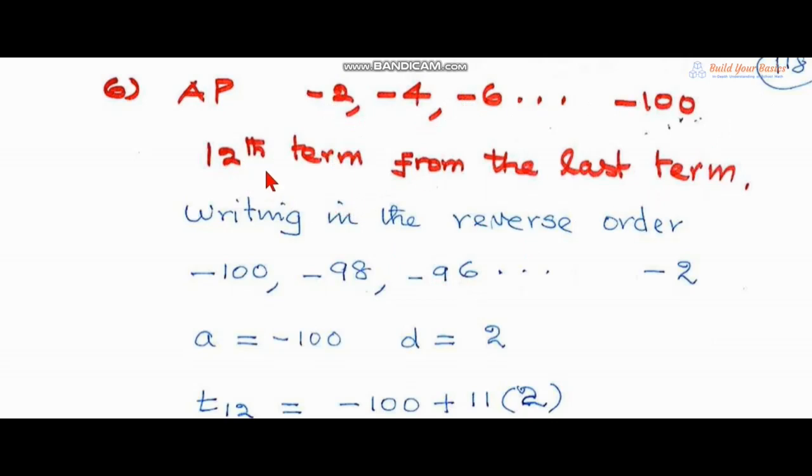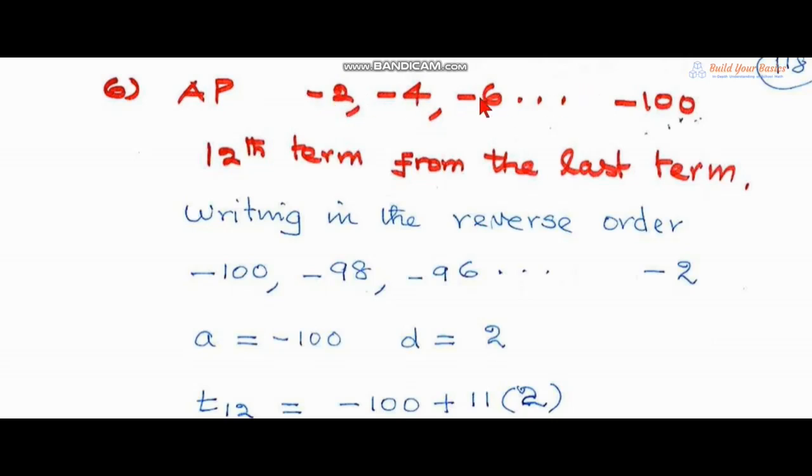Now let us write the series in the reverse order. -2, -4, -6, it is in this order. What is given is an AP with the common difference -2. That is -2 plus -2 is -4, -4 plus -2 is -6, and so on.